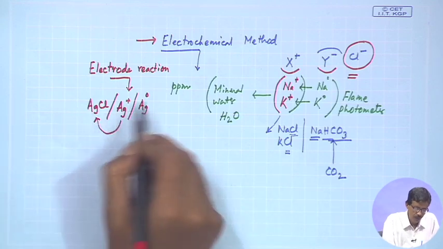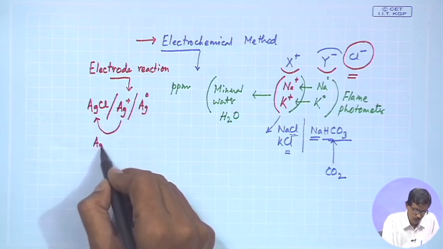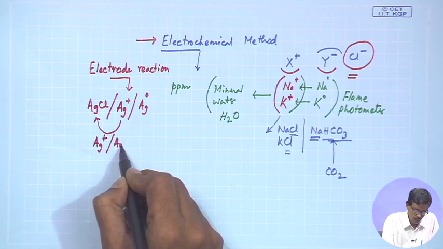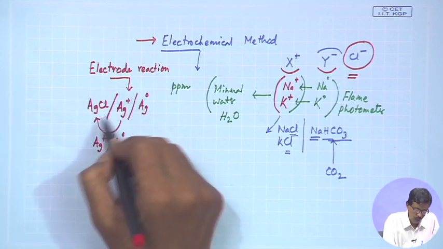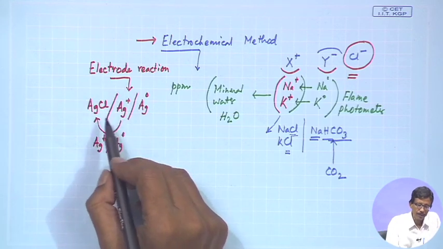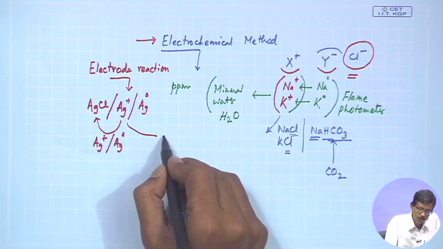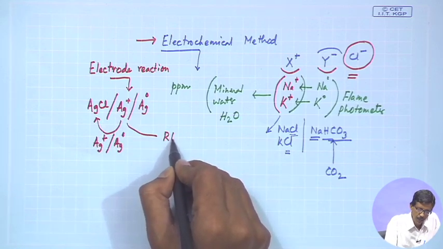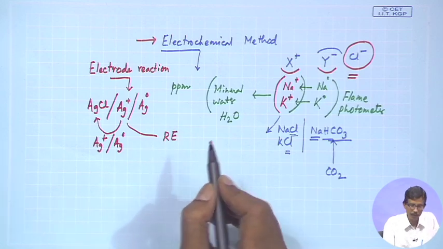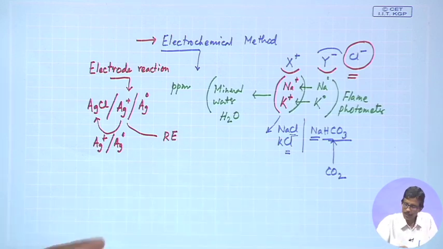We know the pure silver ion, silver 0 electrode, but the other one is also the silver chloride electrode, and we all know this is a very good RE, that means reference electrode, with a known half cell potential.